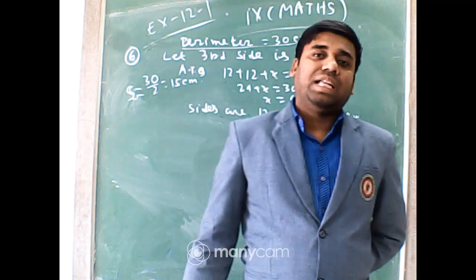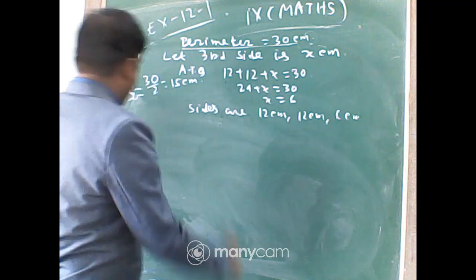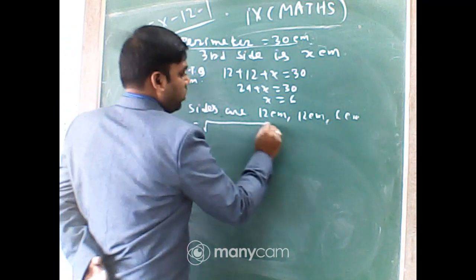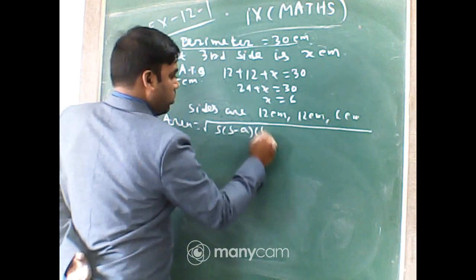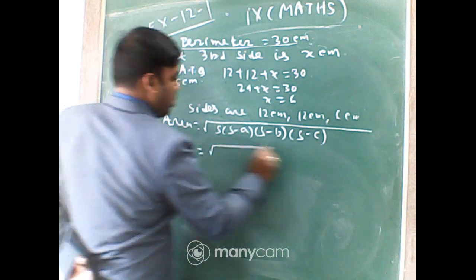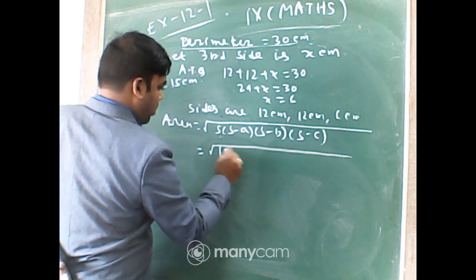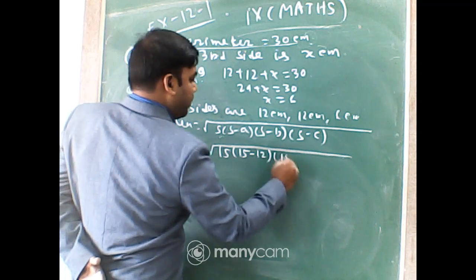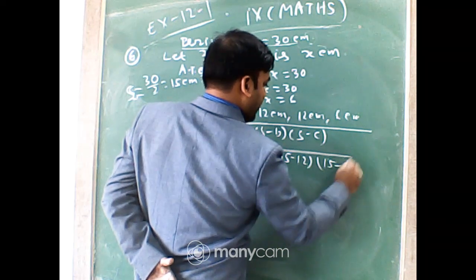For the area of the triangle you will use Heron's formula. So area equal to root of s, that is 15, minus a, 12, 15 minus b, 12, and 15 minus 6.